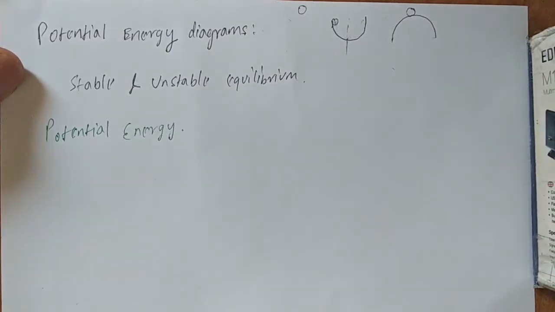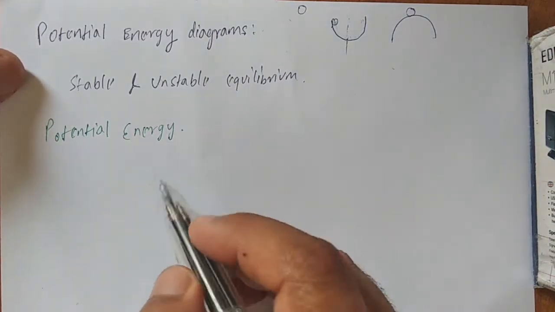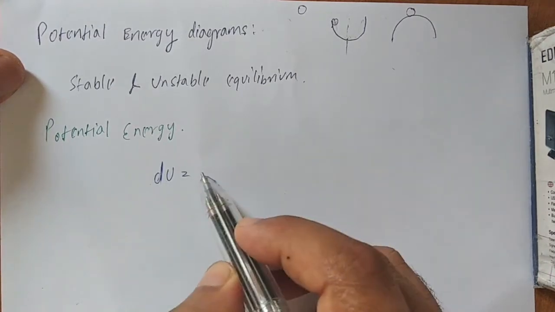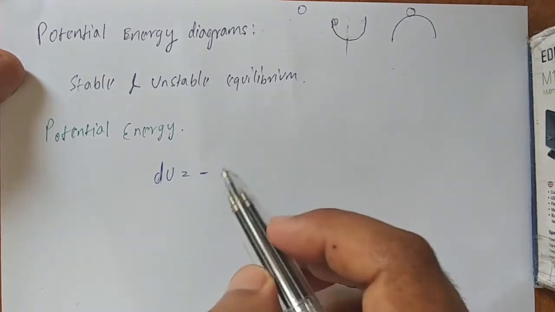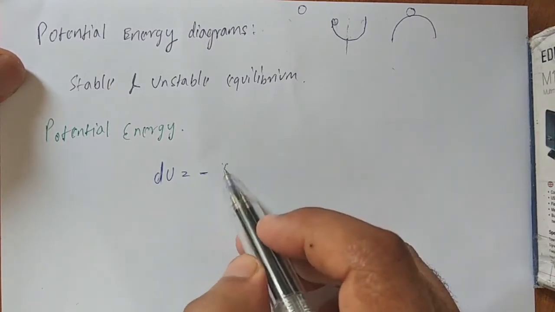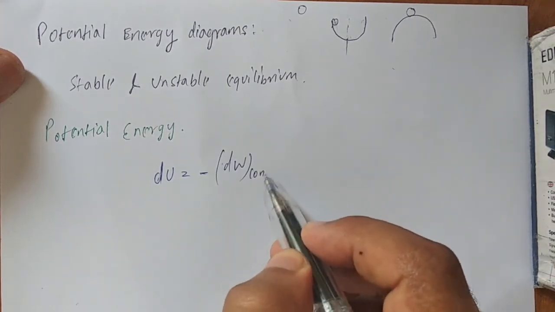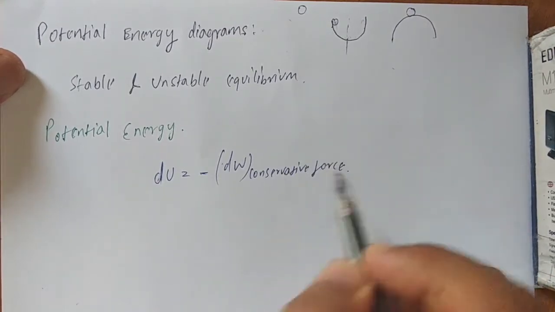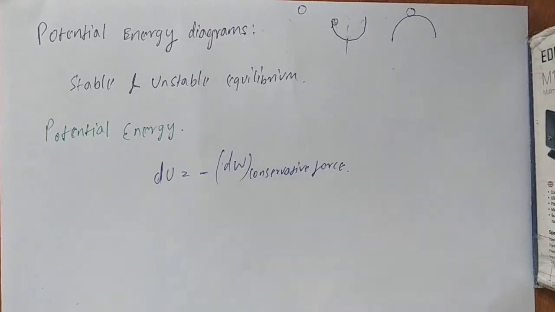We have already discussed that the change in potential energy is nothing but the negative of the work done by a conservative force. This is in a limiting case.